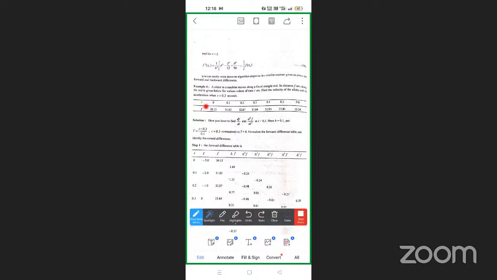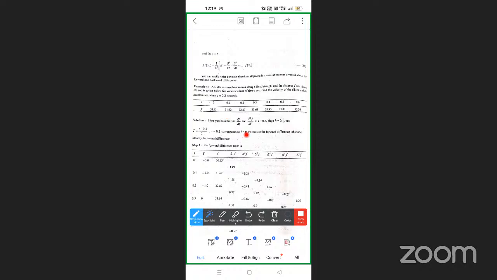Next, the t values are 0.0, 0.1, 0.2, 0.3 up to 0.6, and capital T is given by the formula T = (t − 0.3)/0.1.